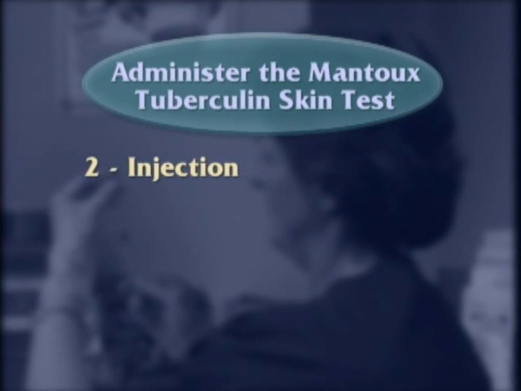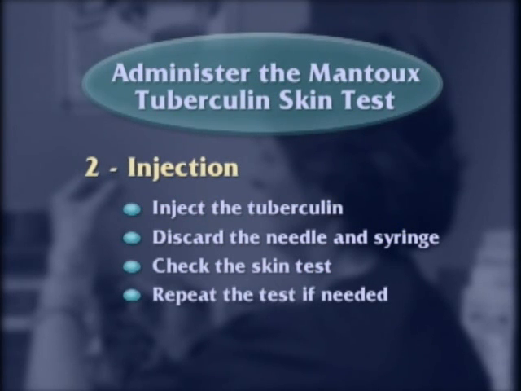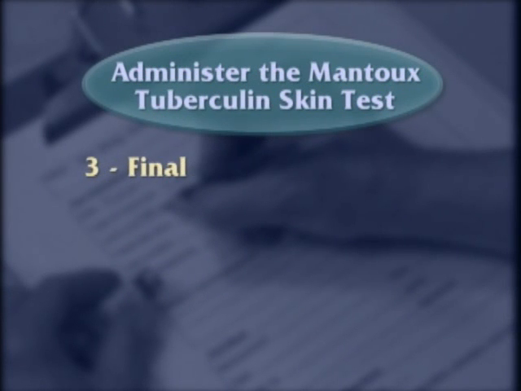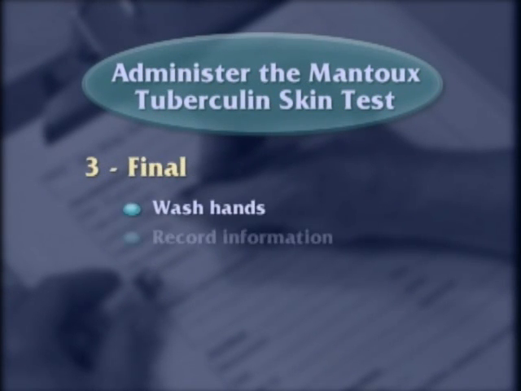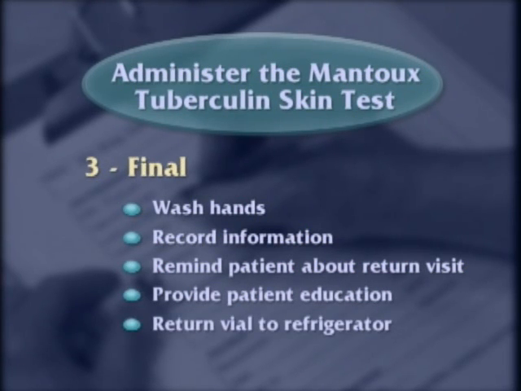The injection steps include injecting the tuberculin at a 5 to 15 degree angle, discarding the needle and syringe properly, checking that the skin test was administered properly, and repeating the test if needed. The final steps include washing your hands, recording the information, reminding the patient about the return visit, providing patient education, and returning the vial to the refrigerator.